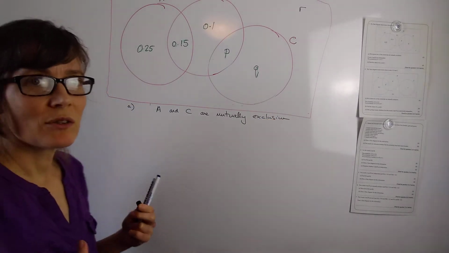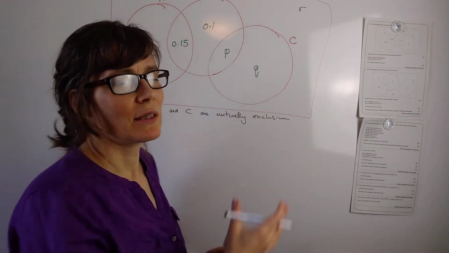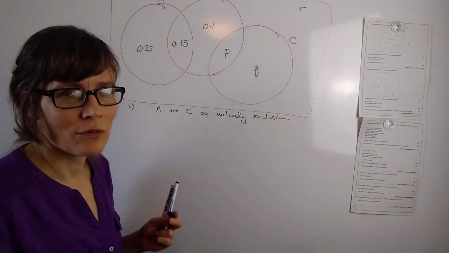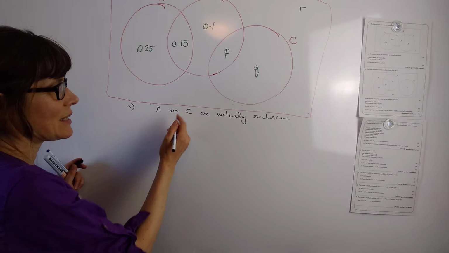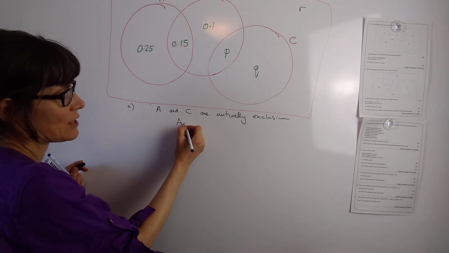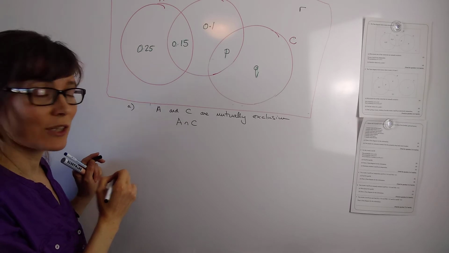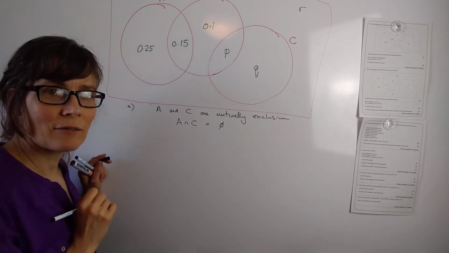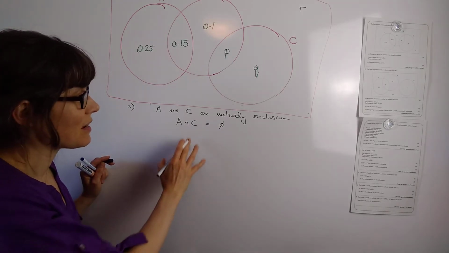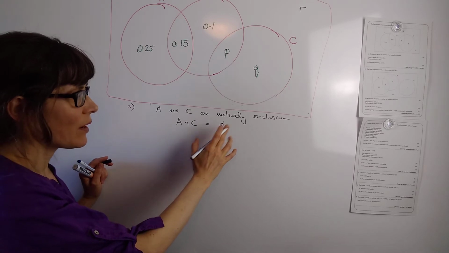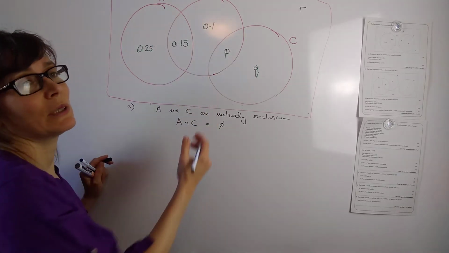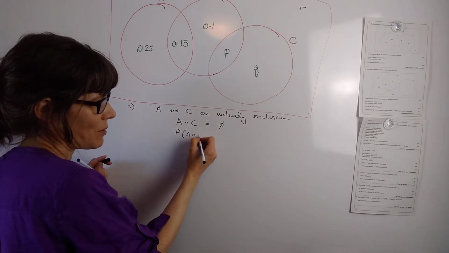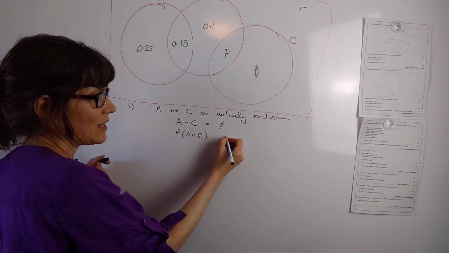This is part A. Okay, if we are to prove that, let's say we didn't have a Venn diagram, we just had some numbers, we would have to show that there's no crossover, and that would mean that that is an empty set. So the crossover is described as A intersection C, that has no one in it, which we can write as shorthand in set notation. We can also write it, and this is maybe more useful when we're dealing with probabilities, that the probability of someone being in the intersection is 0.